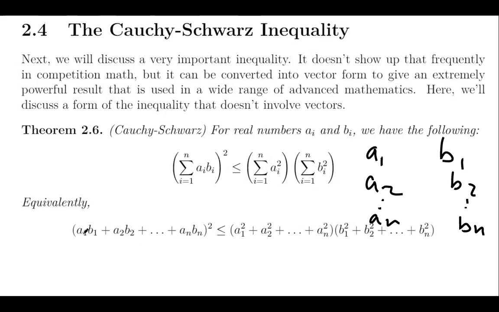If we multiply A1 and B1, add it to A2 B2, and find the sum of all the pairs and square it, it's less than or equal to the sum of the squares of each A multiplied by the sum of the squares of each B. We get equality when the two lists of numbers are proportional, or in other words, there's some t that if you multiply B by, then we get A.